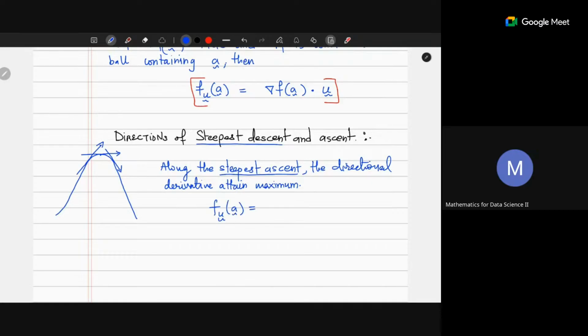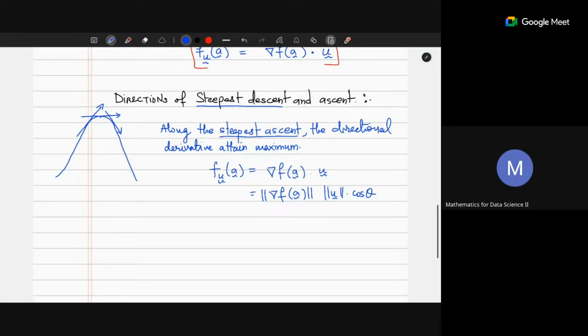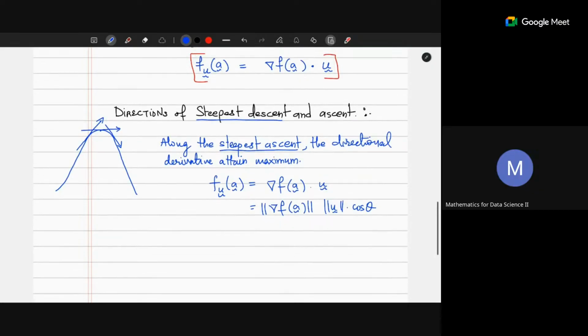And now what is the dot product? If I write down the dot product, it is nothing but the norm of the gradient times the norm of the direction times cos of the angle between the gradient and the unit direction of vector u.